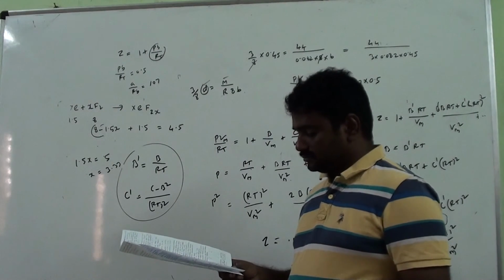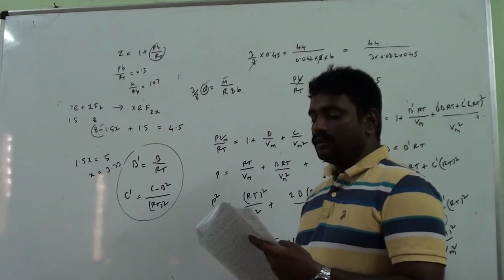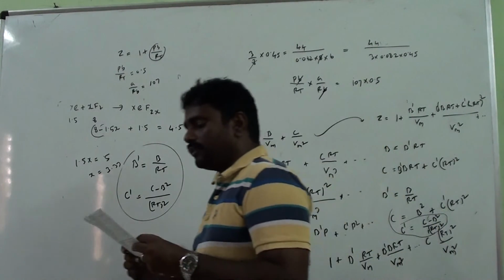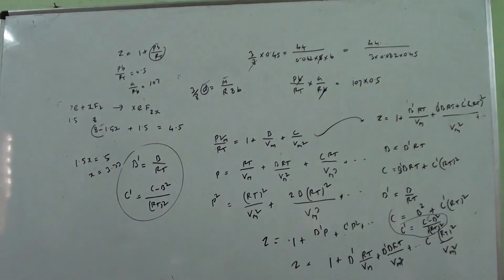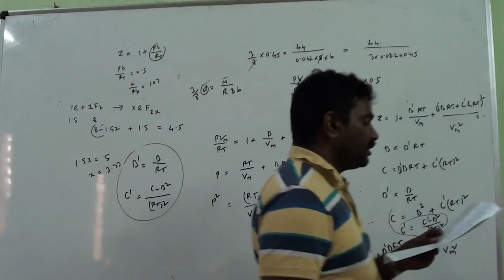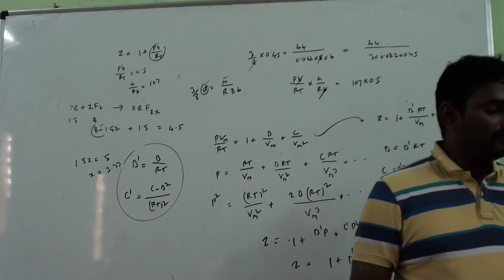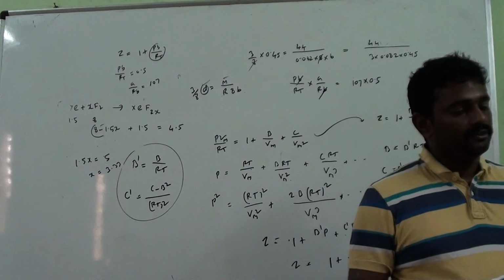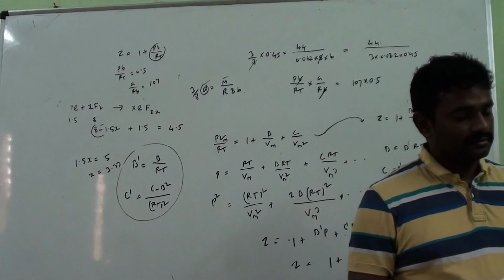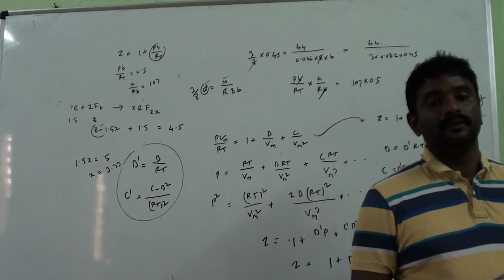Next, question 40. Select the correct statement. The ratio of average speed to RMS speed is independent of temperature. Next, the square of mean speed of the molecule is equal to the mean square speed at a certain temperature. We take average speed as mean speed.